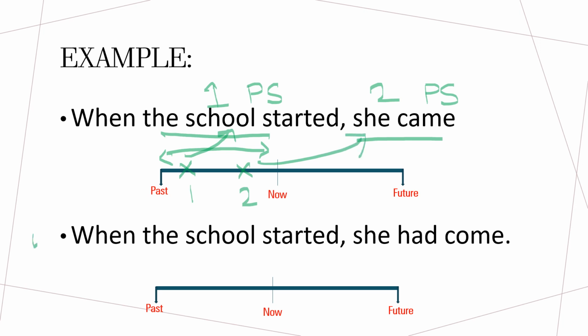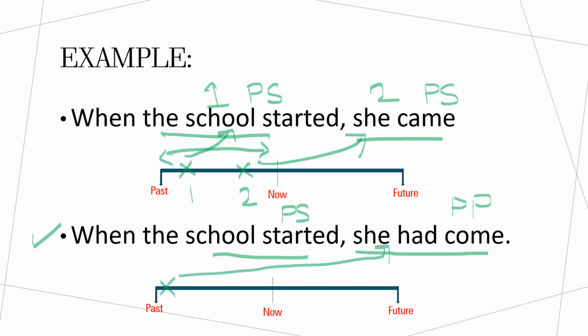But in the sentence below: when the school started, she had come. Here we are using past simple tense, and here we are using past perfect tense. What does this mean? Which event happened first? This one. She was already there. She had come when the school started, and school started after she had come.